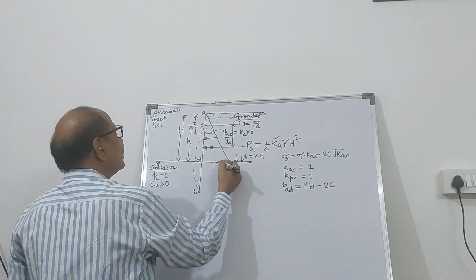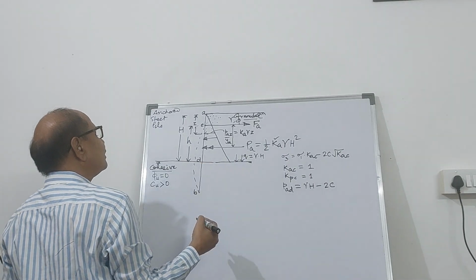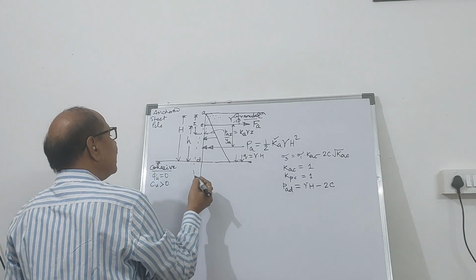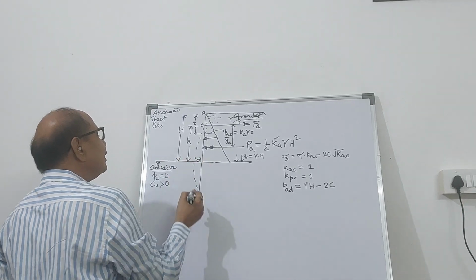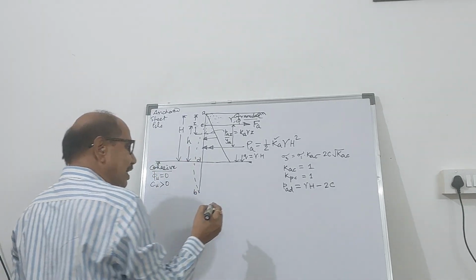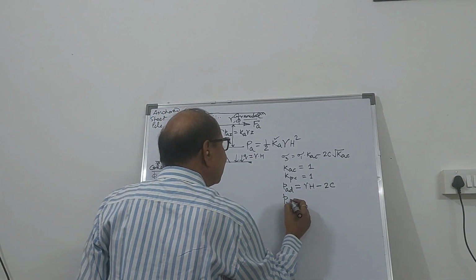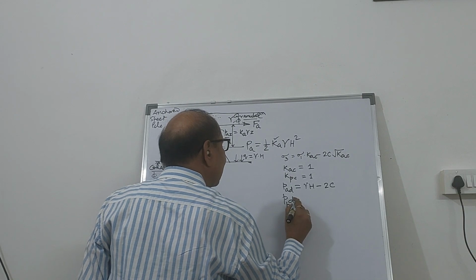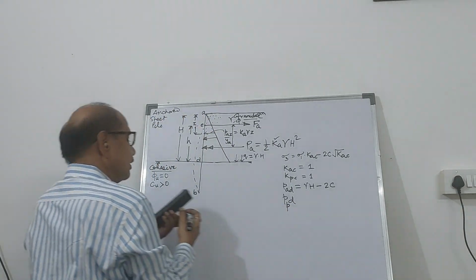Naturally, you feel that there is going to be active pressure acting towards the left hand side, and passive pressure will act on the right hand side. So at the dredge line, PP, the passive pressure at D, can be computed very easily.